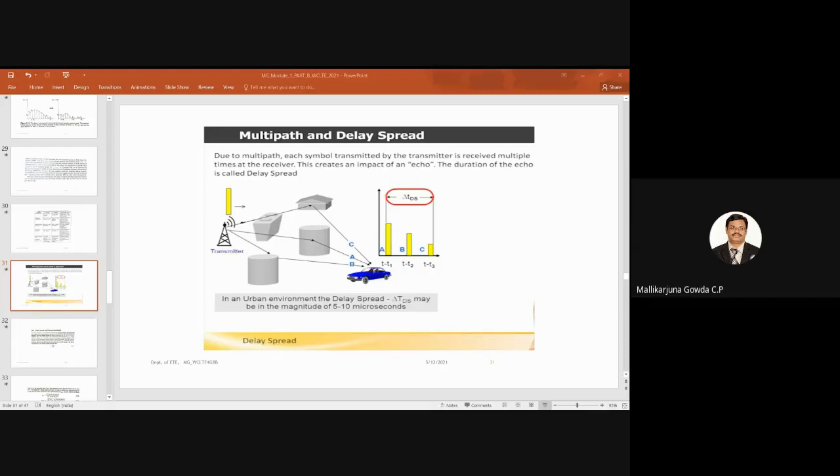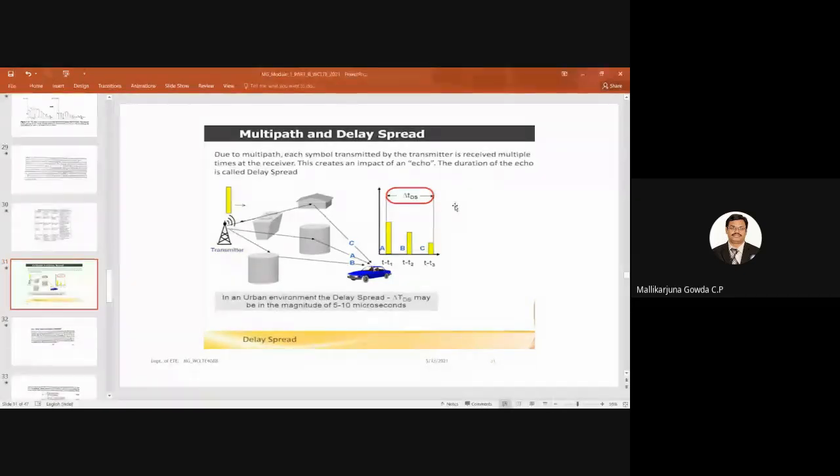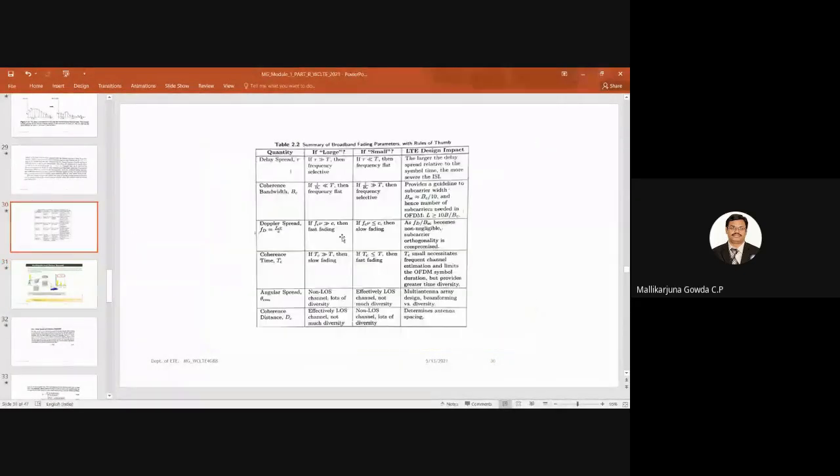Now, if the delay spread is larger than the symbol duration, hope this point is clear. At least delay spread, I will go back to that slide. After understanding what is delay spread, let me say about the impact of that.